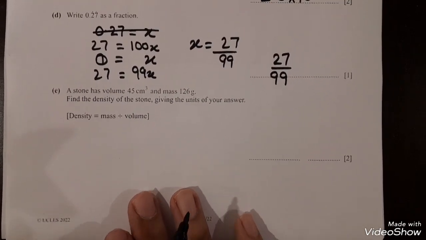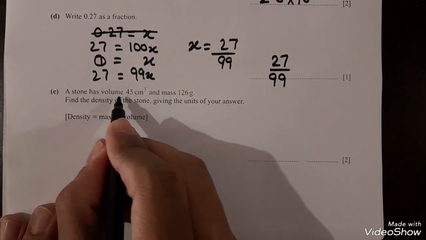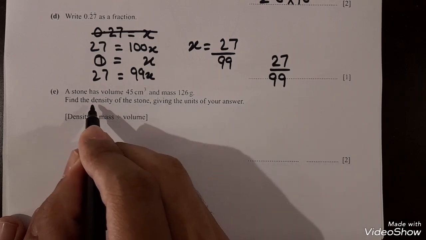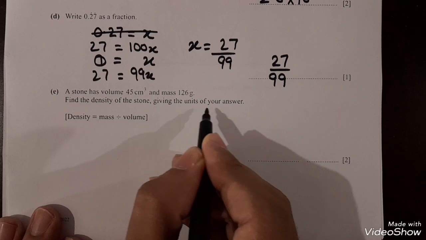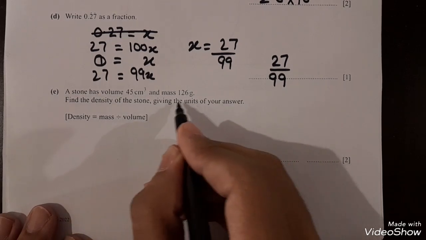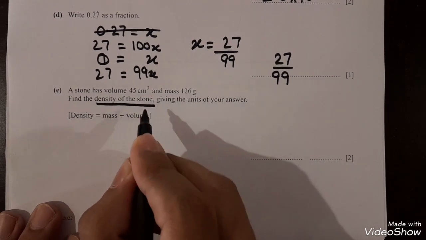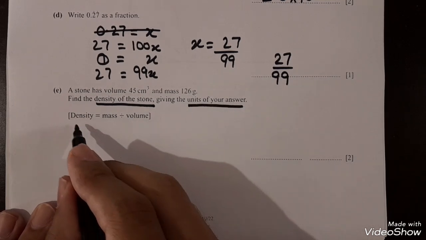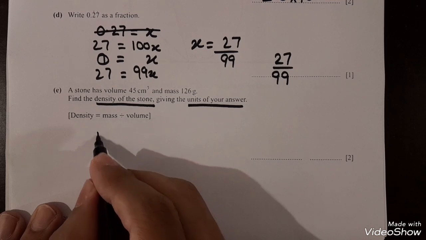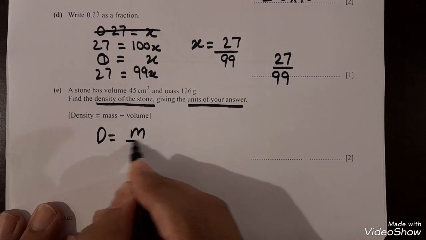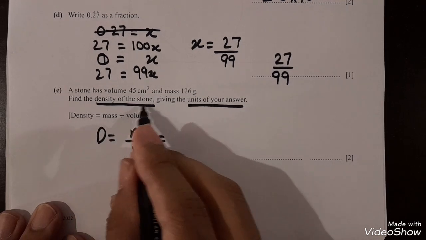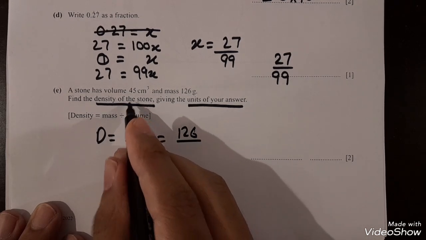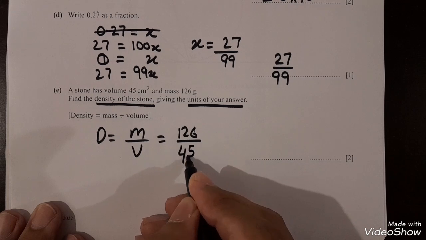Question E states: a stone has a volume of 45 centimeter cube and a mass of 126 grams. Find the density of the stone, giving the units of your answer. So here first we have to calculate the density of the stone, then we have to also state the units of the answer. So density is equal to mass divided by volume. So the mass is 126 divided by volume, which is 45.